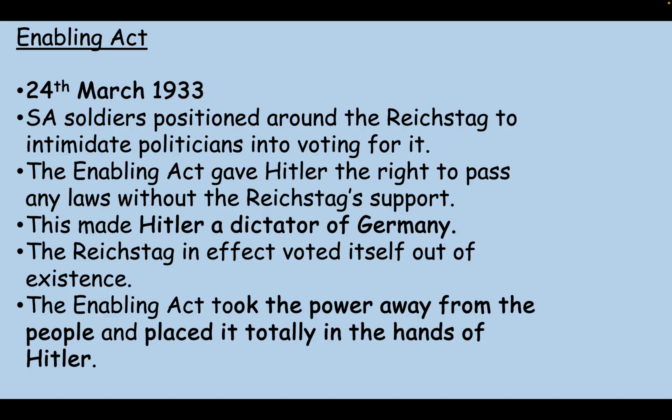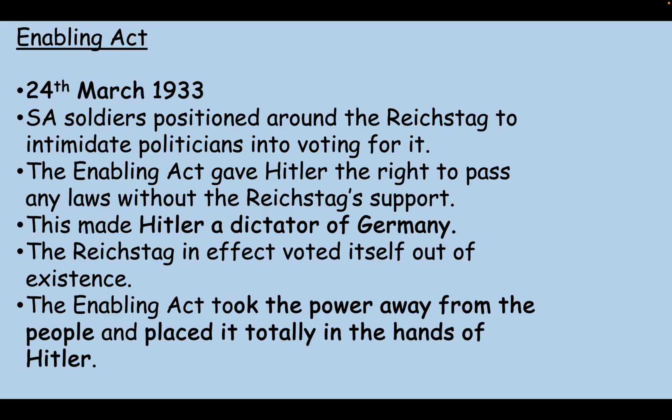Now, many of the leading communists have been arrested and taken away, so they are not able to vote against Hitler's Enabling Act. So the Enabling Act passes and it makes Hitler, in essence, the dictator of Germany. The Reichstag votes itself out of existence, voting itself to be completely without power.